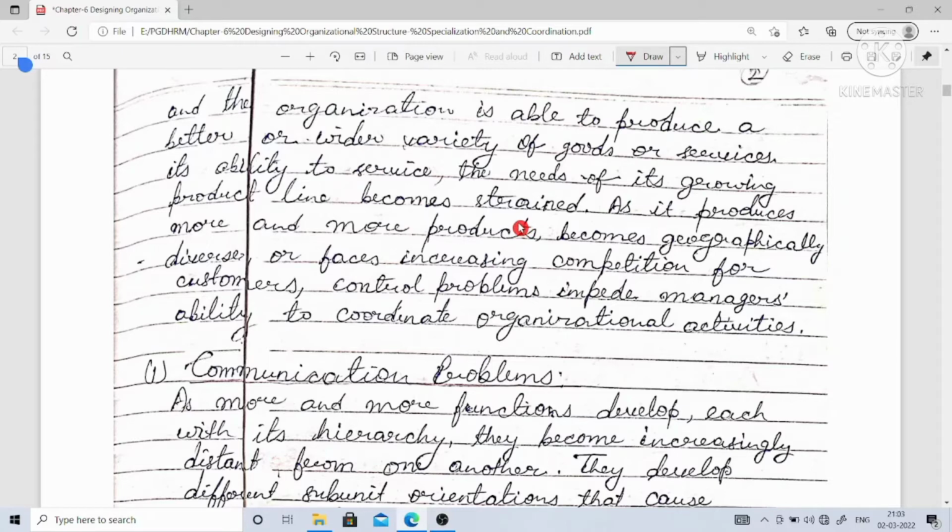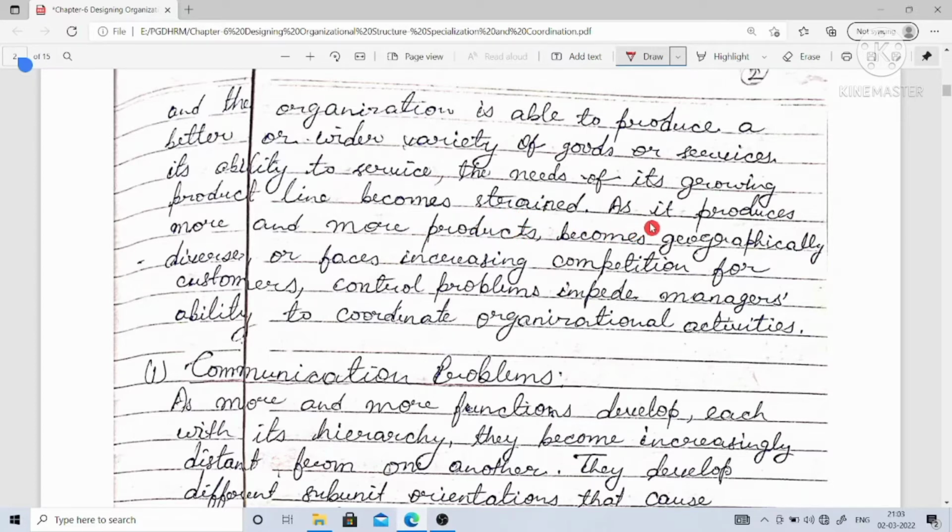If so many products are supplied to the customer, service will become strained, because for each product more service and more people will be required. So for different products different behaviors will be required, and that's why the product line becomes strained.